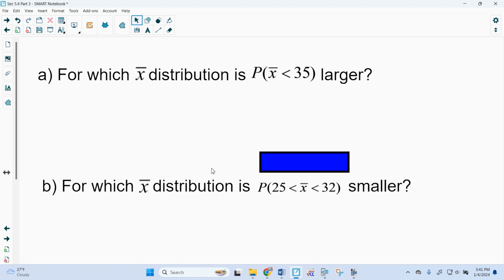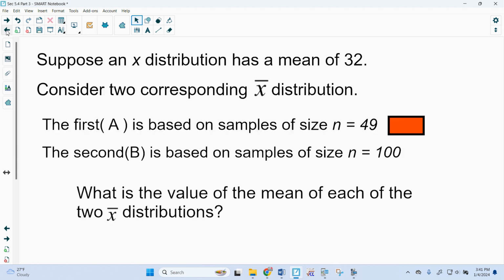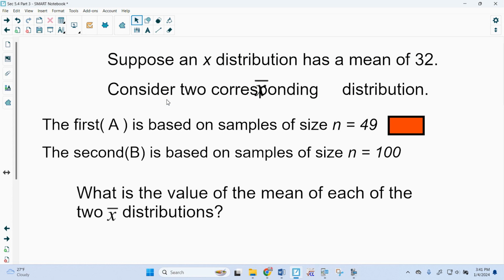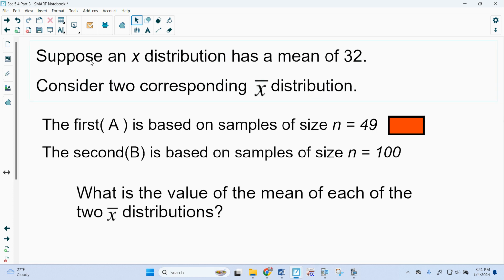And the second one, for which distribution is 25 to 32 smaller? So go ahead, you can pause the video. You can try these, and then we will come back and look at the answers.